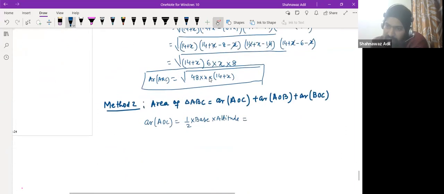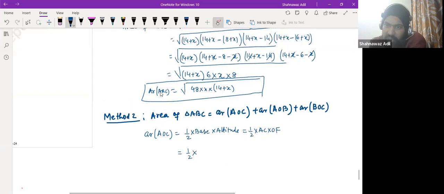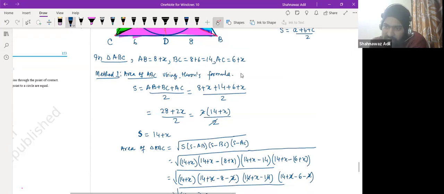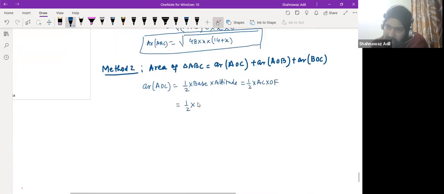So it is half AC and OF. Half AC is how much? AC is 6 plus X, and OF is 2 into 6 plus 6.